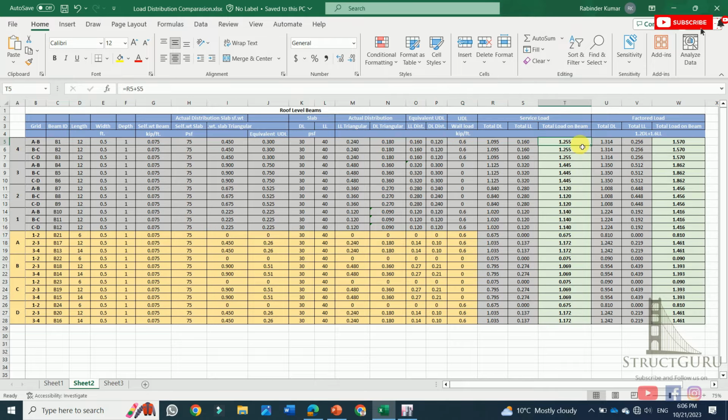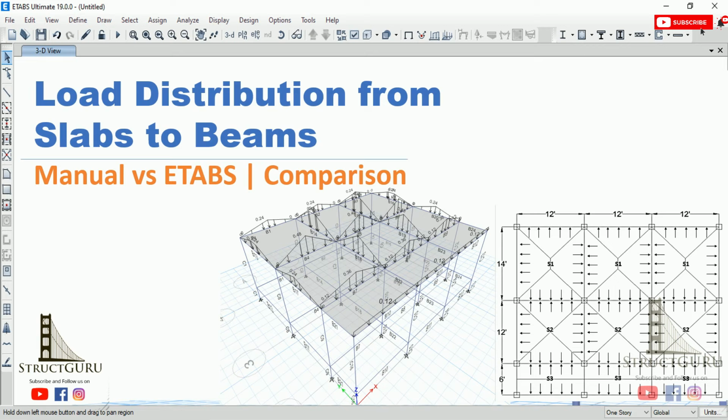So the total load is 1.255, and the factored load, I have applied the factor 1.2 of dead load plus 1.6 of live load, and it will be 1.70 kips on each frame element. For detailed understanding of load distribution, you can refer to my previous lecture where I have discussed various methods as well as calculations which are required to calculate the loads on beams.